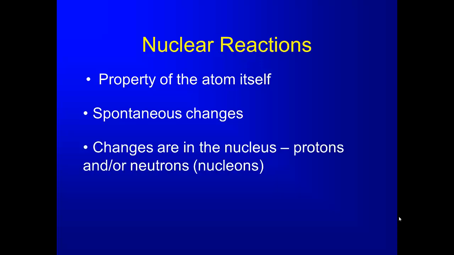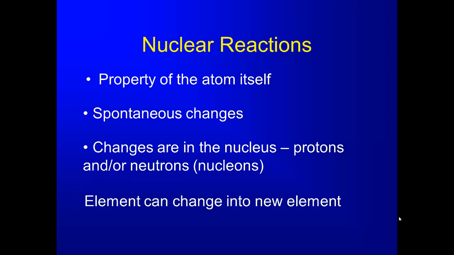Here's some big ones that their reasons are different. We have changes in the nucleus. We're going to be changing protons and/or neutrons. So if we're going to change protons and neutrons, we're going to be changing elements. That's a huge difference, and we're only going to see it for about this next week, and then we won't be doing it again.